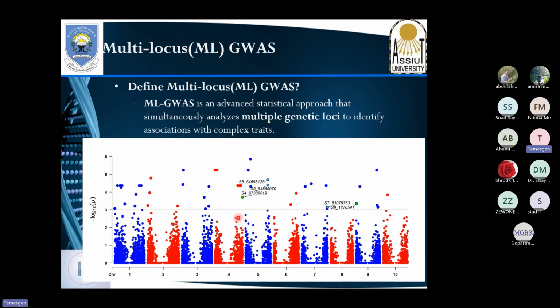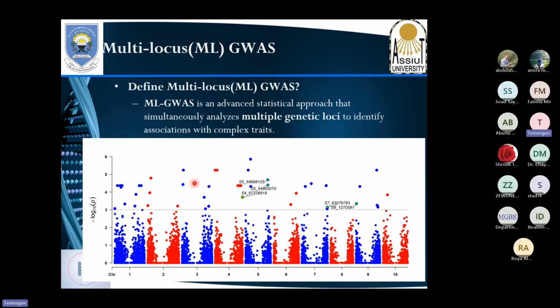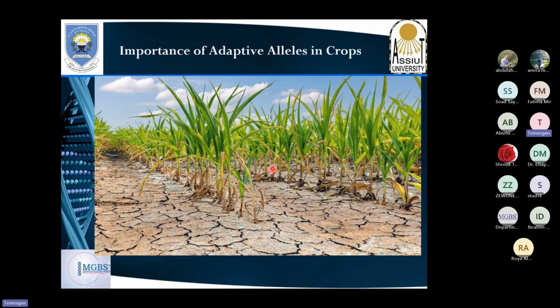When you look at this graph, based on the single locus GWAS, it looks like almost all the markers you observe will be significant, but the multi-locus will identify only the alleles which, as we'll discuss in detail later, are identified by the multi-locus model as well as have an effect for a given trait.